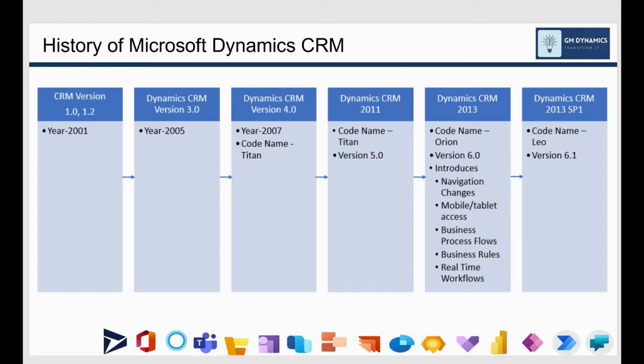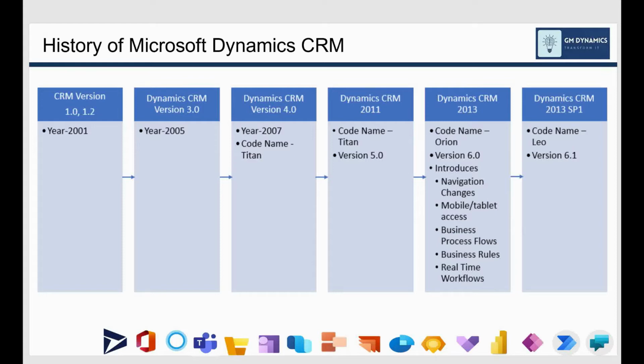Then later, Dynamics CRM 2013 came to the market, and the code name was Orion, version 6.0. There were a lot of UI changes. From version 4.0 to 2011 the UI changes were one thing, and from 2013 onwards the tile feature was introduced.